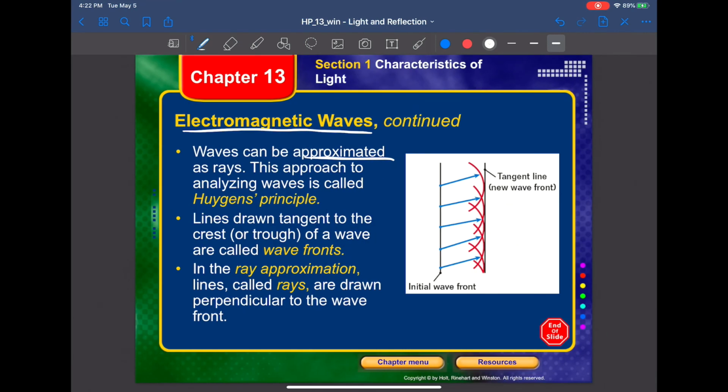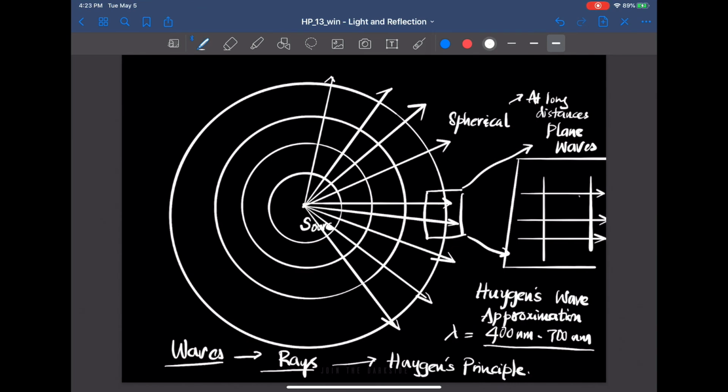Now, when we talk about the Huygens principle, we are basically approximating waves as rays. What can that do? It doesn't do much, because the wavefront will stay the same. But what is happening is we're approximating it to be a ray. So that's why we call them rays. The rays here are always drawn perpendicular to the wavefront. Always remember that whenever we draw this, we call this a tangent.